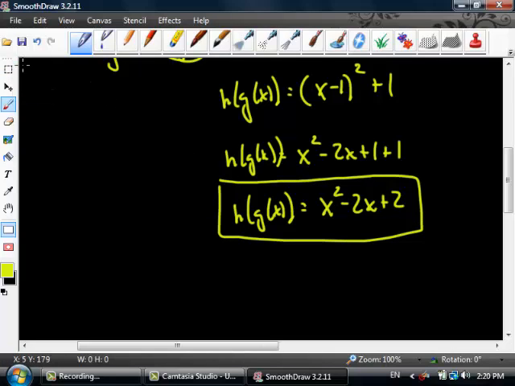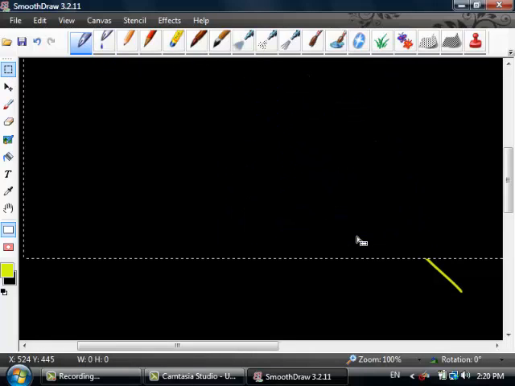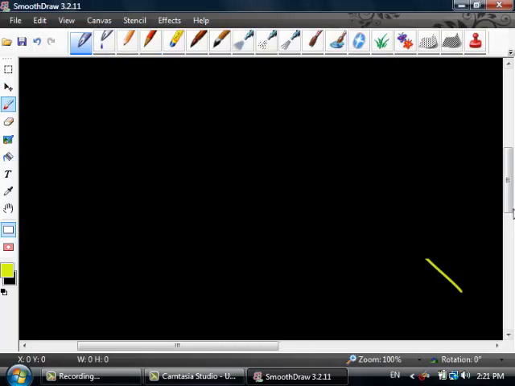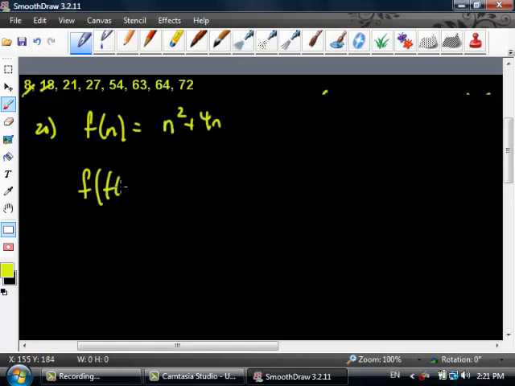I want to do a different one. I know it's not on the sheet, but let's do number 20. So f of n is equal to n squared plus 4n. And all they ask you to do is find f of f of n.